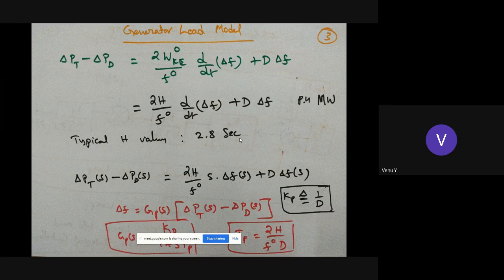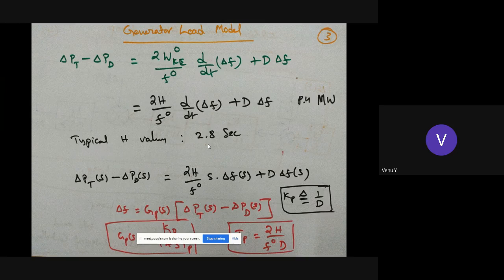That time is 2.8 into 2, approximately 5.6 seconds. So that is the time required for starting the machine against the inertia. That energy is stored in the form of kinetic energy and it will run the machine at rated speed by consuming that much energy.